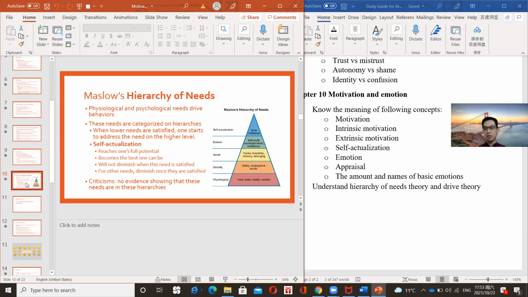On the bottom hierarchy, that is the physiological needs, such as the need for water, food, shelter, and warmth. The hierarchy right above it is security need. People need to have a feeling of safety. And the need above safety is a social need.